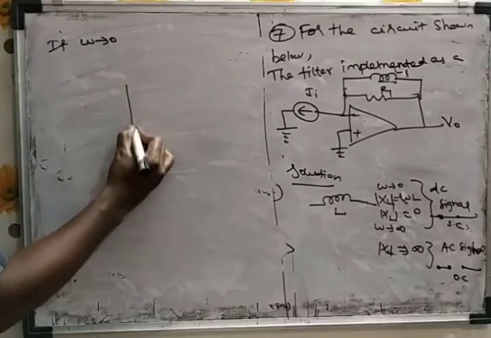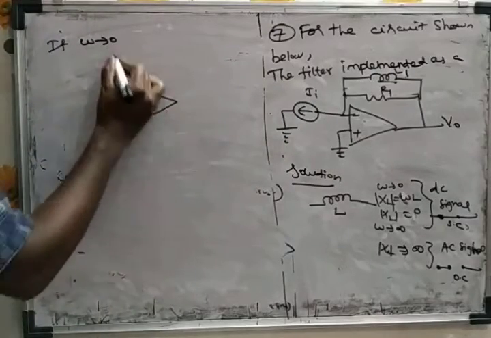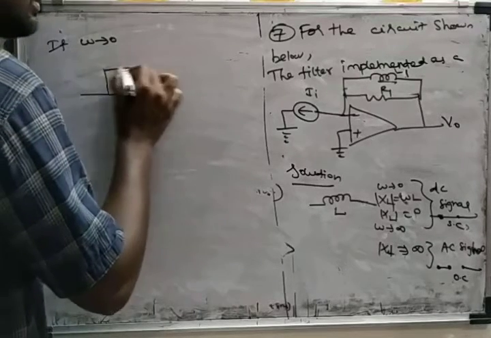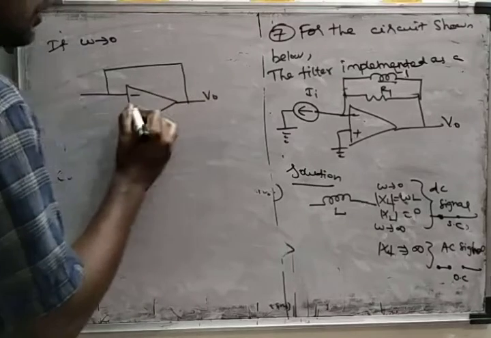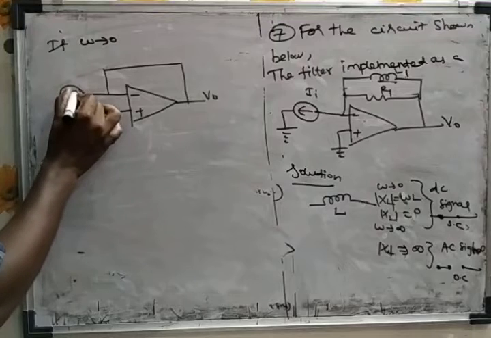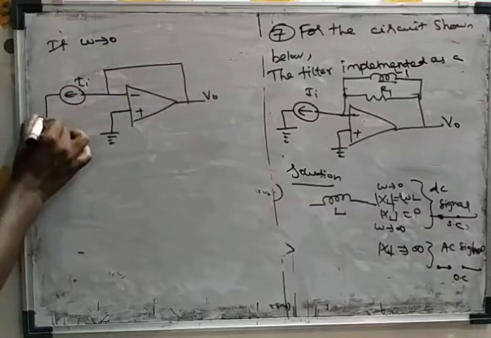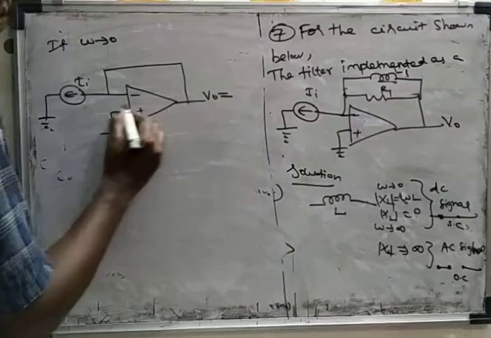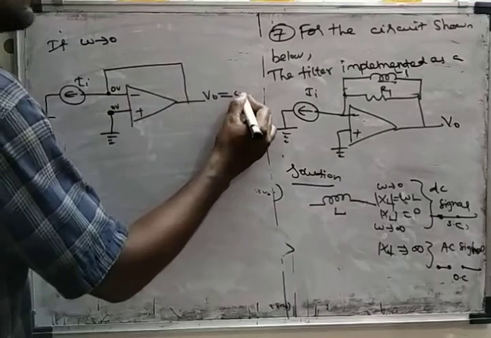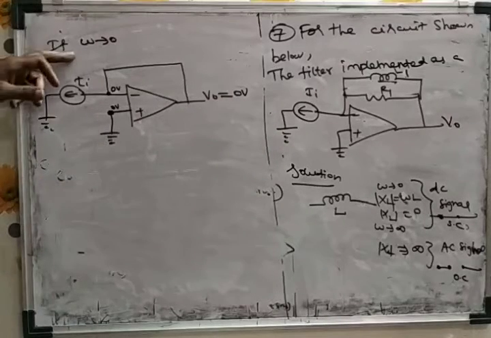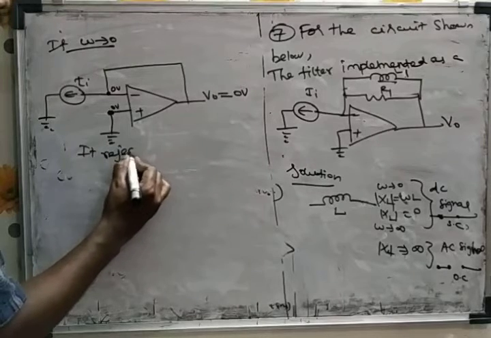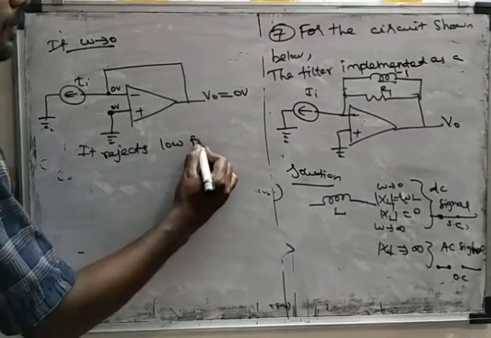So your equivalent circuit has the inductance and R1 shorted, and V0 goes to this voltage. Here we have 0, so V0 is equal to 0 volts. So it rejects low frequency.